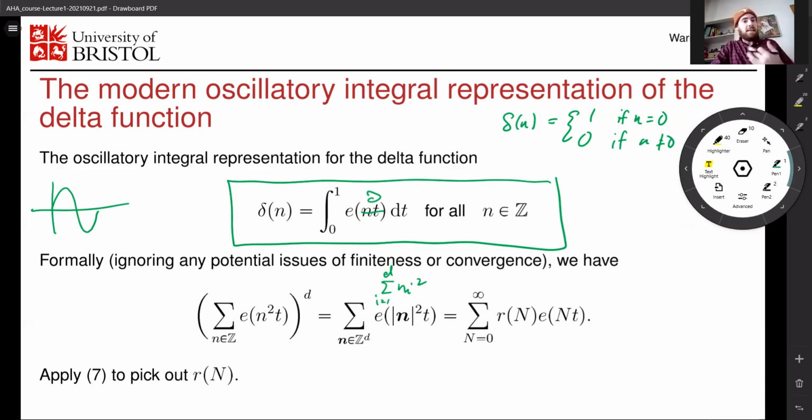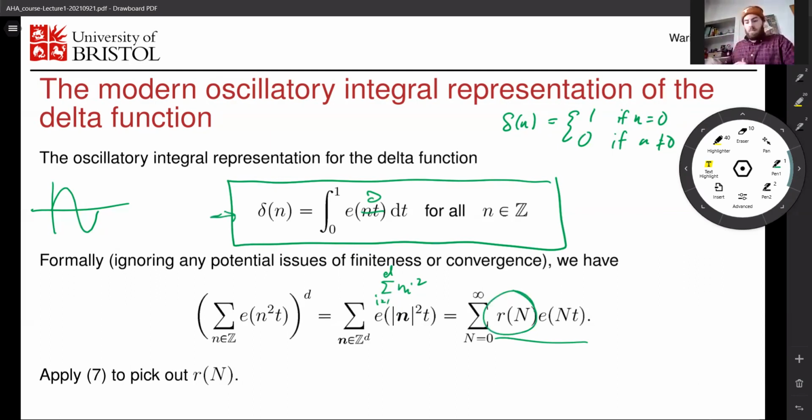And if I'm able to collect all of those powers, again not really thinking about this as an honest function, just some counting as a generating function, then you get this series whose terms are the number of ways to represent n. And then formally, you just apply this oscillatory integral version of delta above to pick out r of n from that exponential sum. All right, that's all formal.